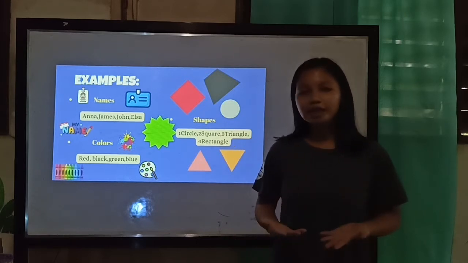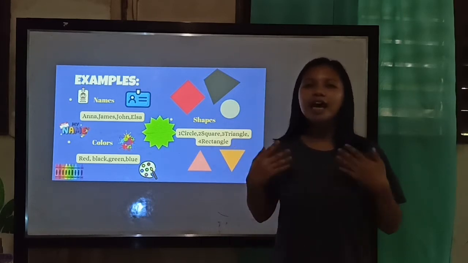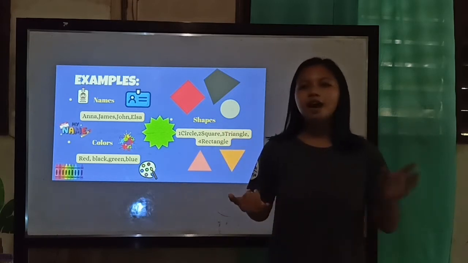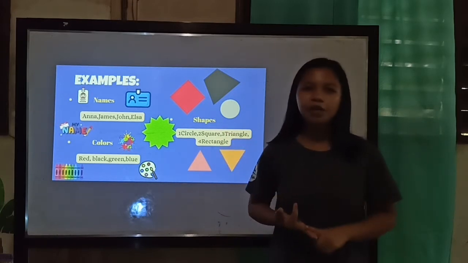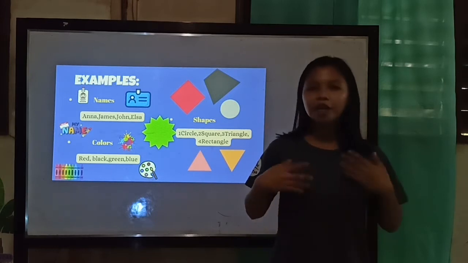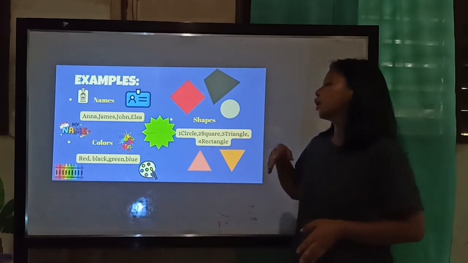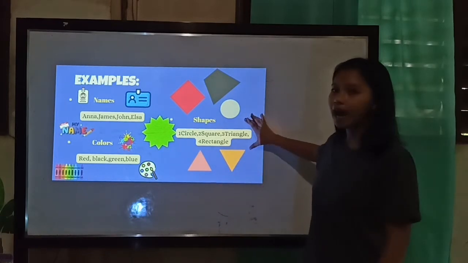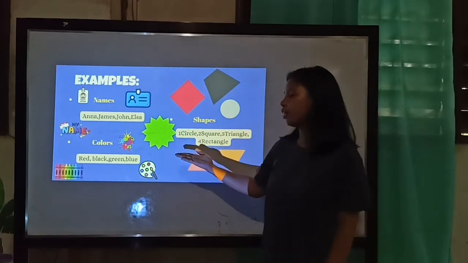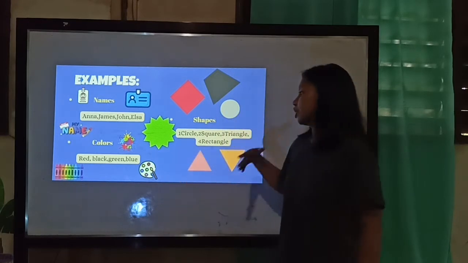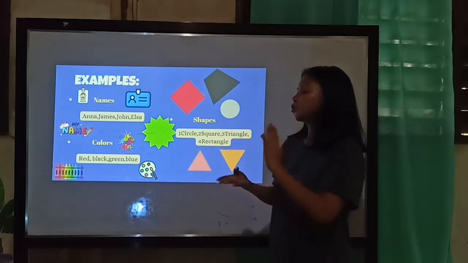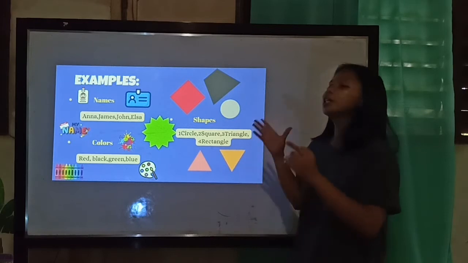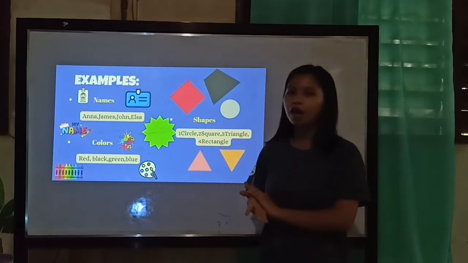Since it is qualitative data, it has to be words, nouns, and labels. But sometimes the labels can be numbers. So, for us to easily identify the data, we can denote the circle as 1, the square as number 2, the triangle as number 3, and the rectangle as number 4.